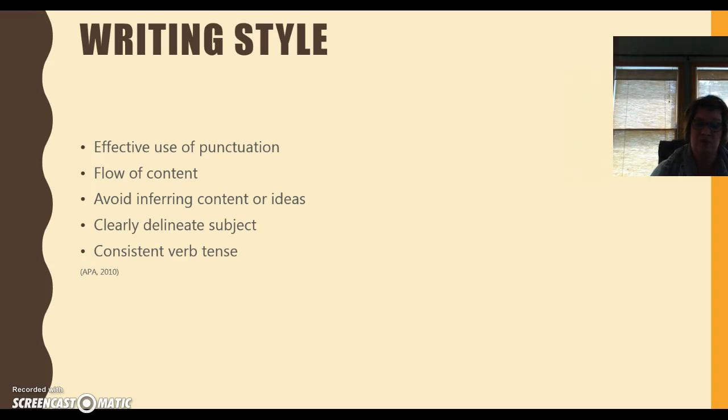We don't want to infer things. We want to make sure that as our reader is reading the document, they fully understand and can grasp the information that you're relaying. So again, you want to be very concise with your writing and very clear with your writing, and write in a professional tone.